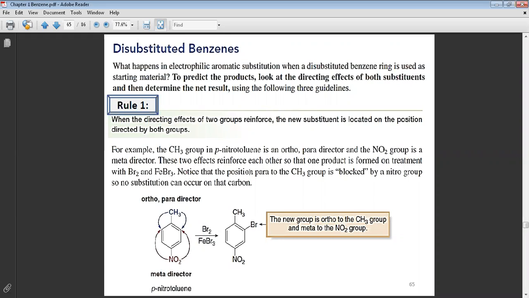Notice that the position para to the CH3 group is blocked. Look, we have it blocked here by the NO2 group. So no substituent can occur on the para position. Okay, this BR, it is impossible to come to here. Why? Because we have the NO2 group. Okay, blocked. That means we have just one open side here.